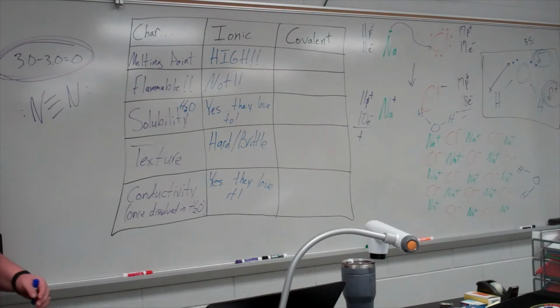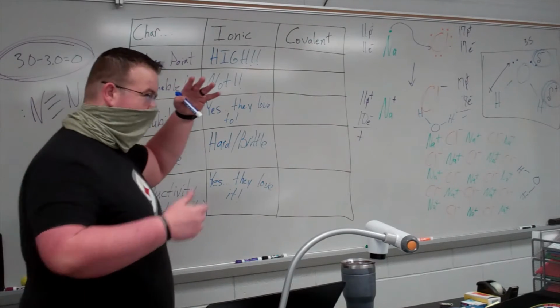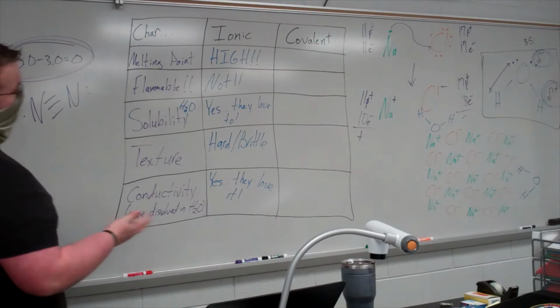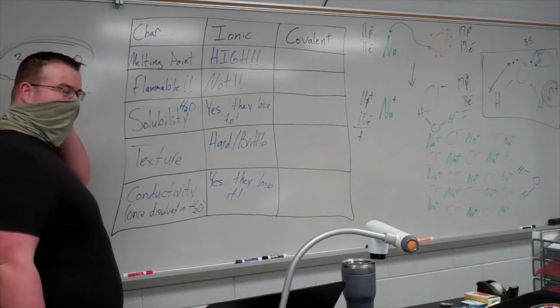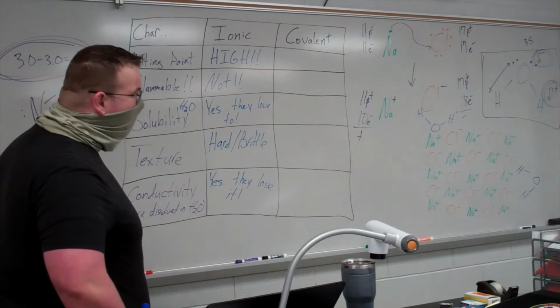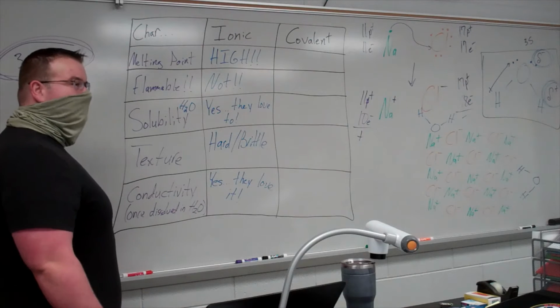So their melting points are extremely high. I didn't add the boiling point here, but if the melting point's high, the boiling point's high. Flammable? Ionic bonds really not. I know before anybody gets sarcastic and says, well, everything will burn, you just gotta get hot enough. Yeah, but you're not gonna burn salt very easily.